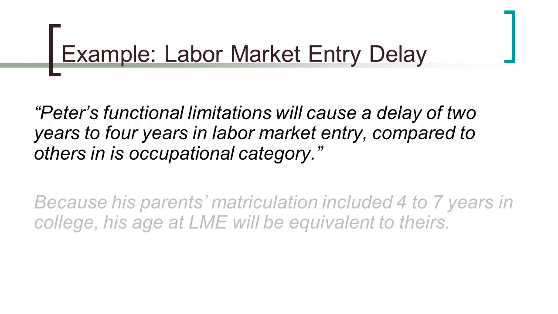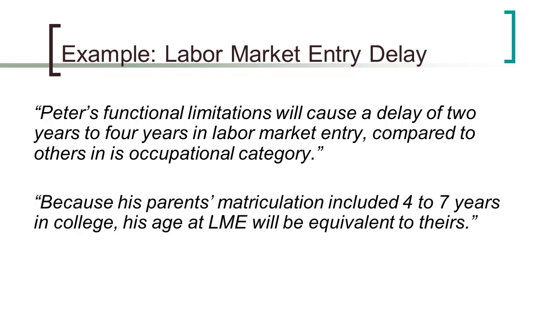We expect that he will enter the labor market at age 24. But we need to keep in mind that his parents' occupation typically requires 4 years to 7 years after high school. People going into the occupations of his parents usually enter at age 24 or 25.